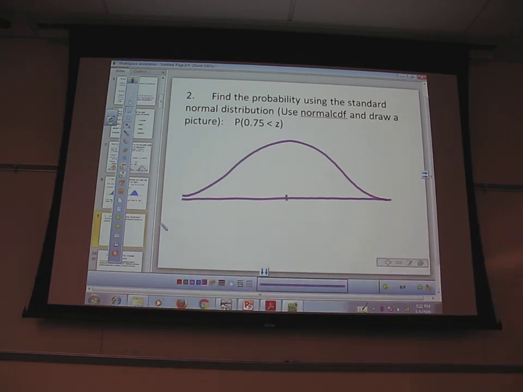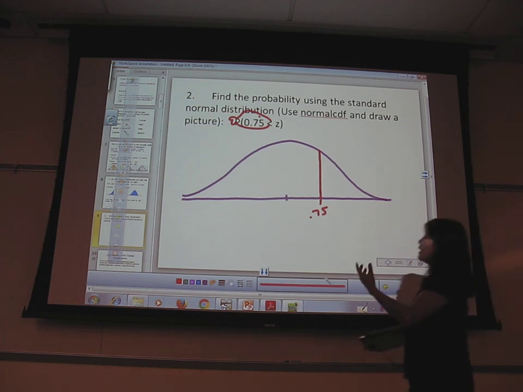Then, what's the number we care about? Z being 0.75. Is that on the left or the right? Right. Somewhere on the right, 0.75. Draw a line all the way up. I only have one, so I better be looking at greater than or less than. Which one is this? Here's my little fishy, right?